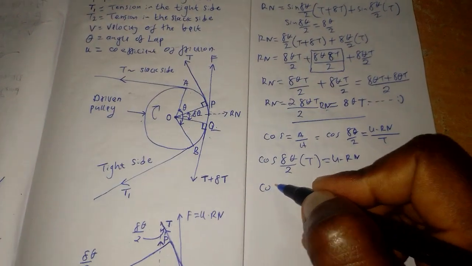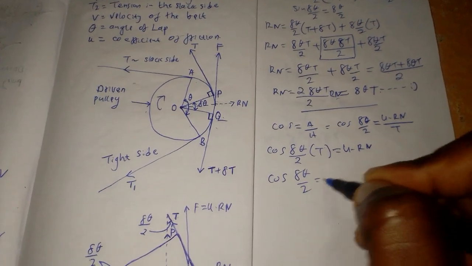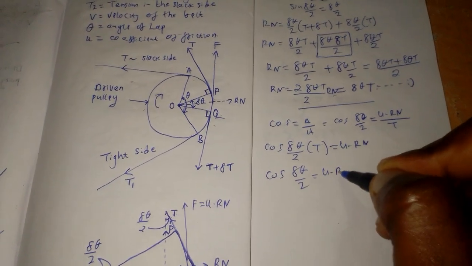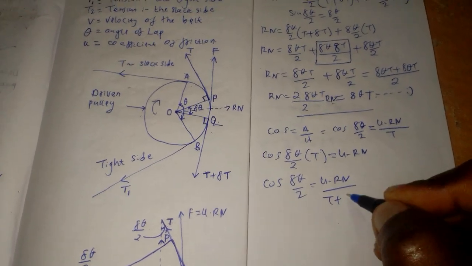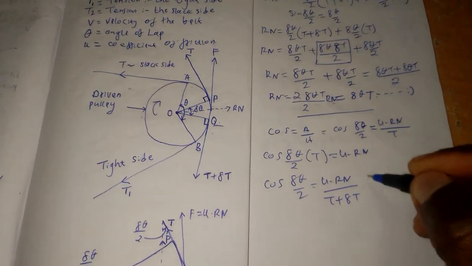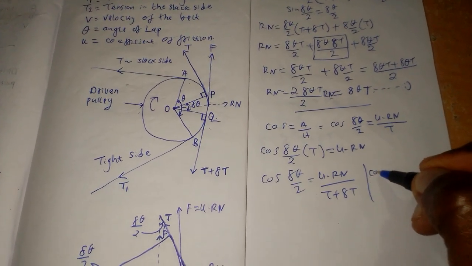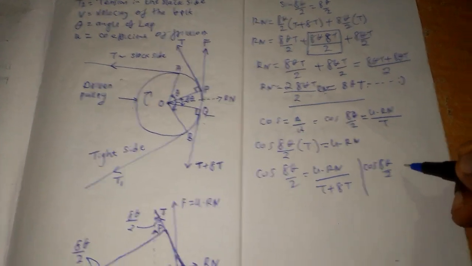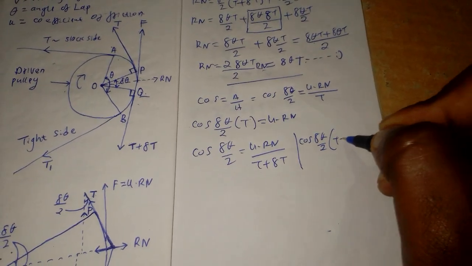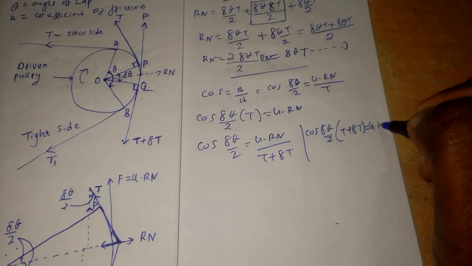Cos alpha theta divided by 2 is equal to Rn. Now for the right side, t plus alpha t. Here we are going to have cos theta divided by 2 times t plus alpha t is equal to Rn.